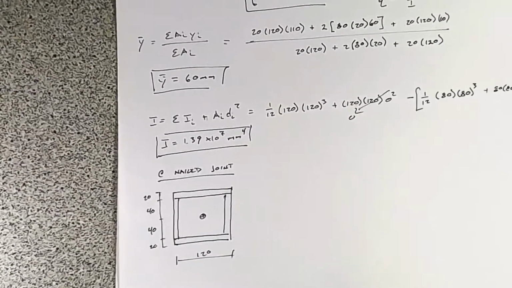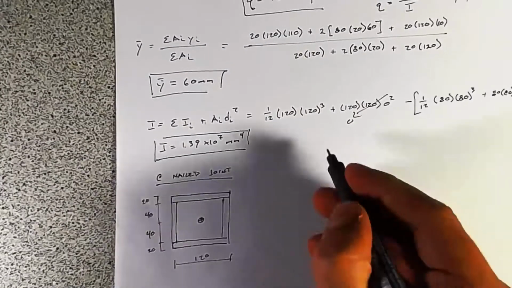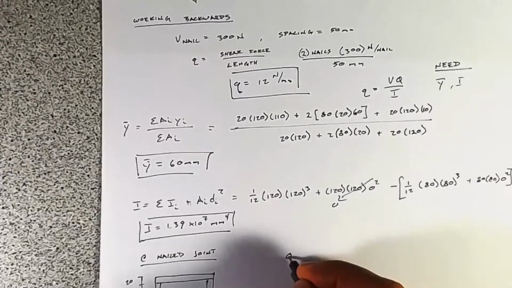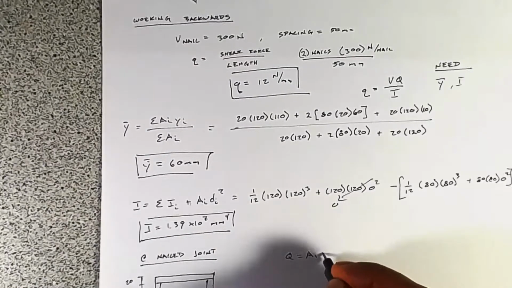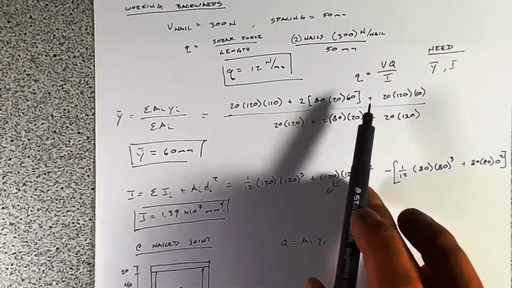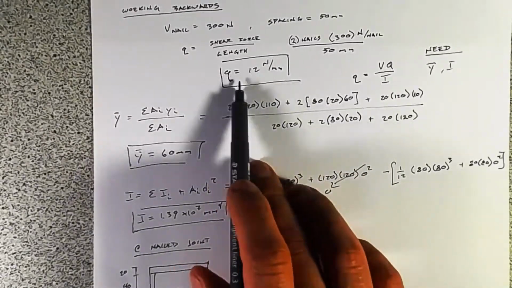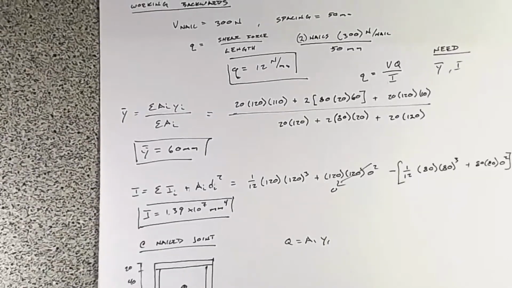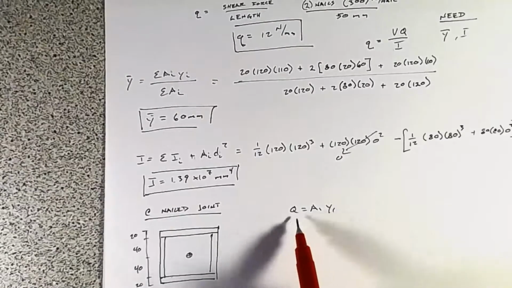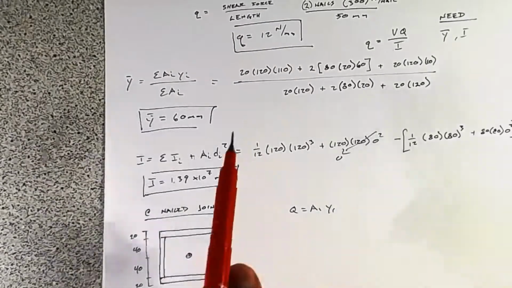And so big Q equals A1 y1, like I said, because we found the little q, the shear flow at the level of the nailed joint, we need to make sure that our section Q corresponds to that.